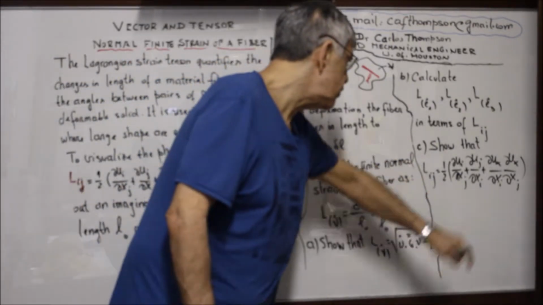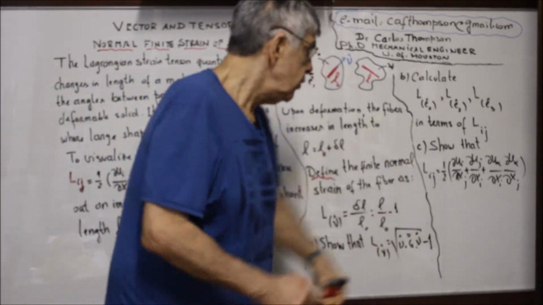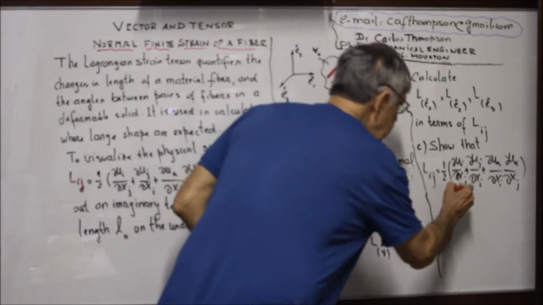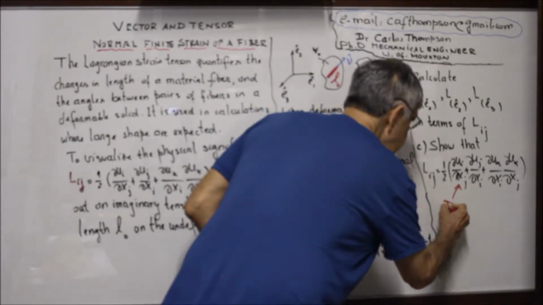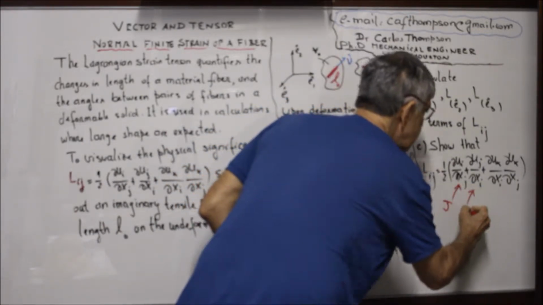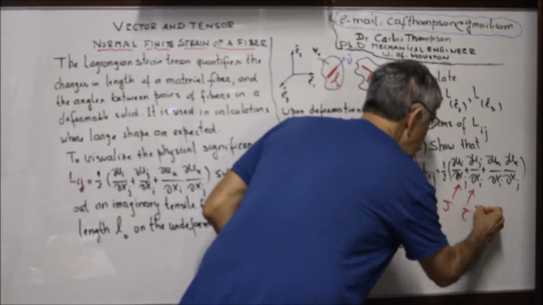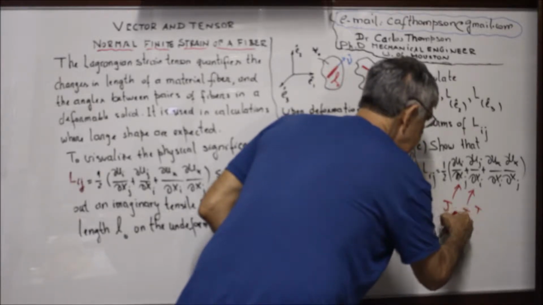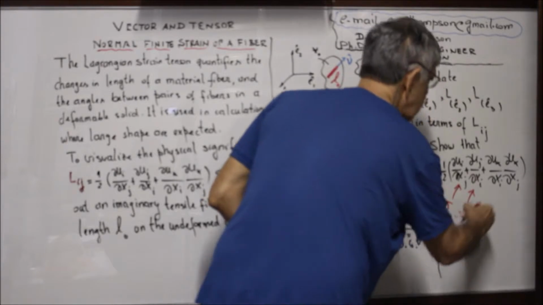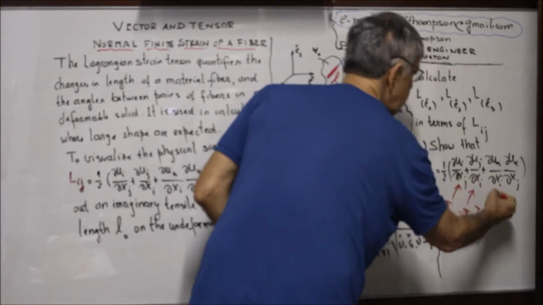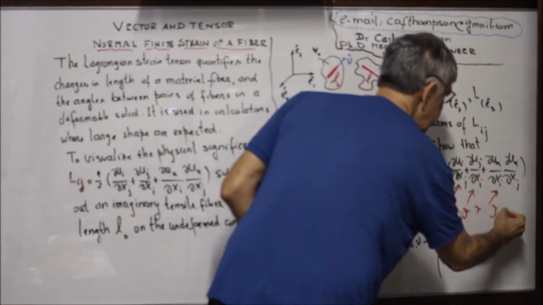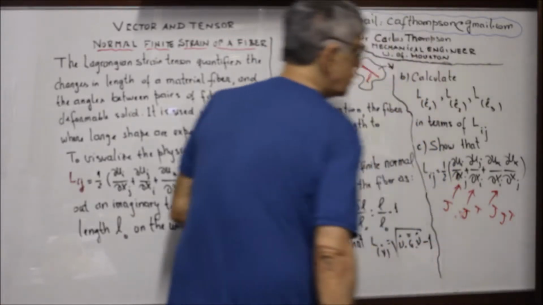And show that Lij is 1/2. You see that's important here. This is capital J. This is J transpose. And this is J times J transpose.